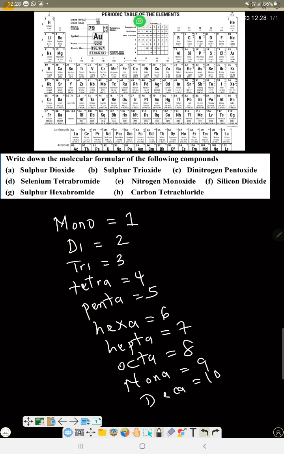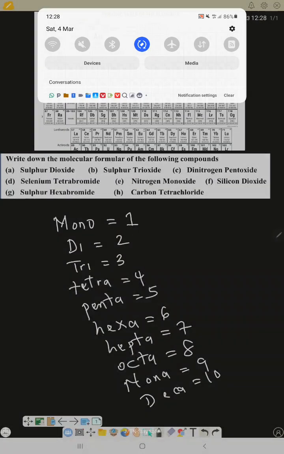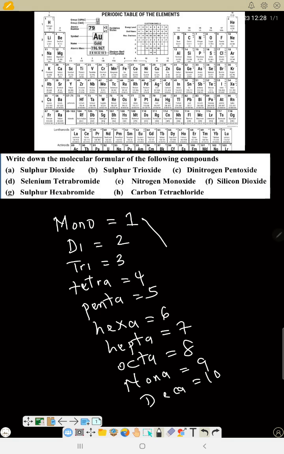So you just have to know everything like this. That means we can't start with mono. I can't say mono nitrogen, but you can end with mono. If mono means 1, we don't usually write subscript 1. It will remain like that.